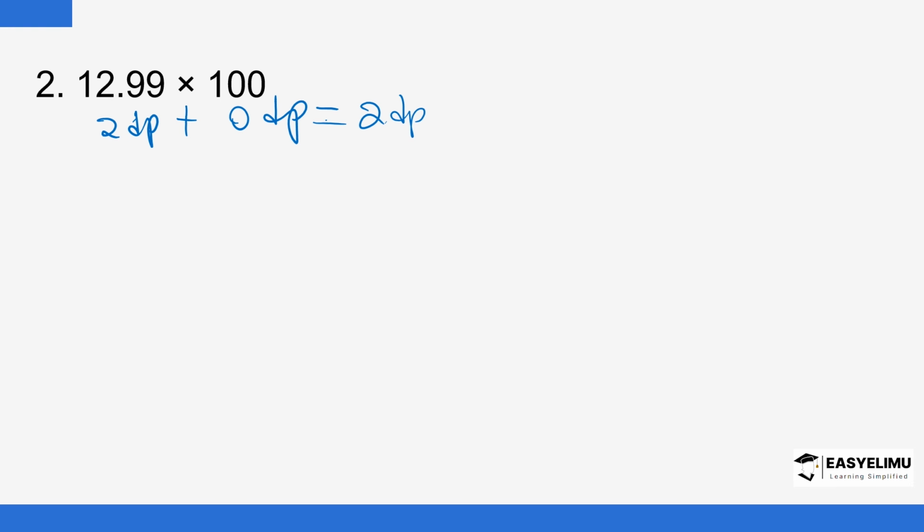So we multiply normally, disregarding the decimal point. So we have 1,299 multiplied by what? 100. If you do that multiplication, all the digits down here will be multiplied by all the digits up there. So we have 0, 0, 0, 0, and then this one again, we start with 0 here, 0, 0, 0.